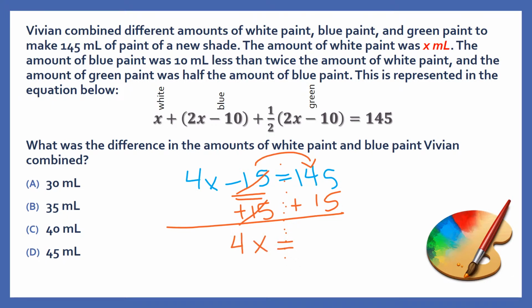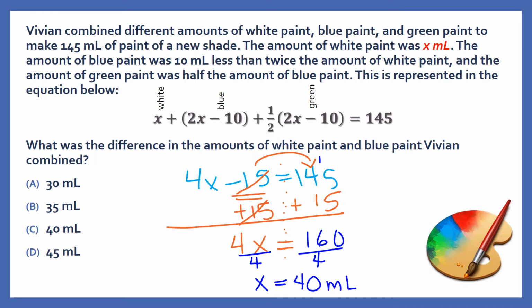Bring down the equal sign. 145 plus 15, well 5 plus 5 is 10. 4, 5, 6, and 1. Okay, now I'm dividing. This is 4 divided by 4. So x here is 40 milliliters.